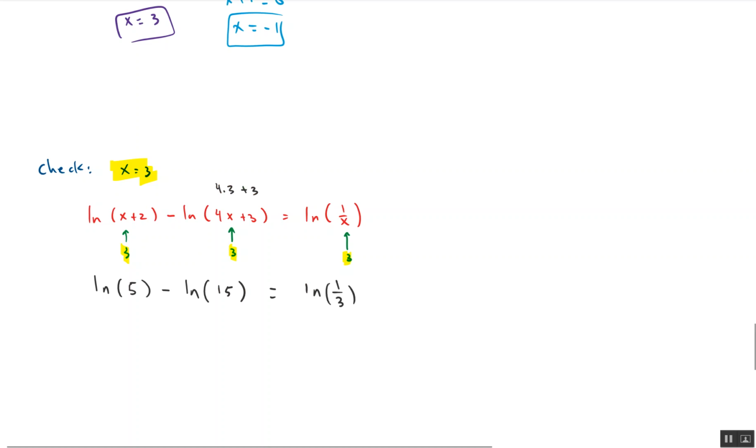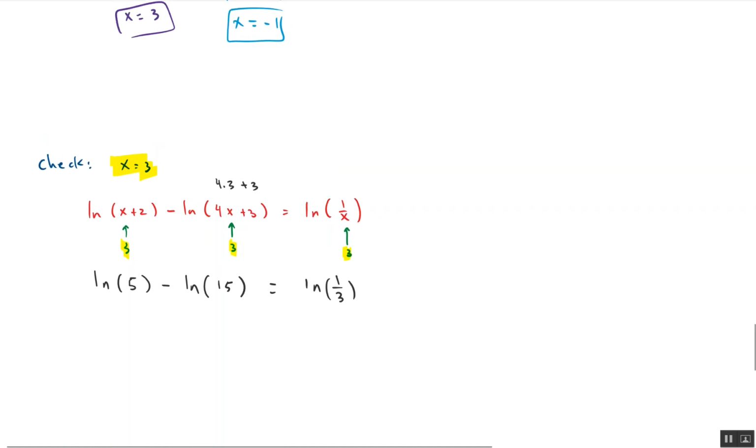1 over 3. Well, are these two statements true? Are these equivalent statements? Let's simplify or condense the left-hand side using our log properties. If you have a log minus a log, we can take the two inputs of the logs and make a quotient.